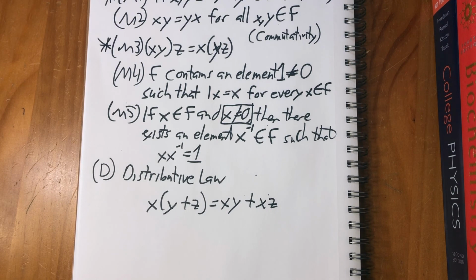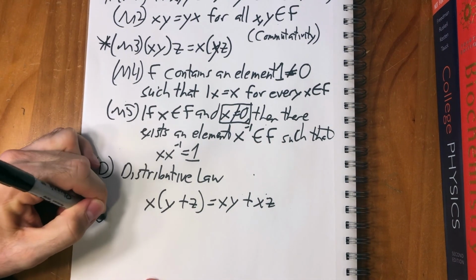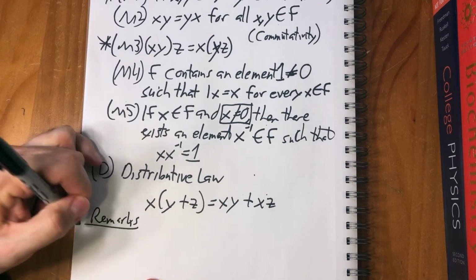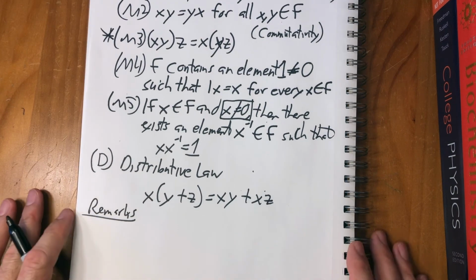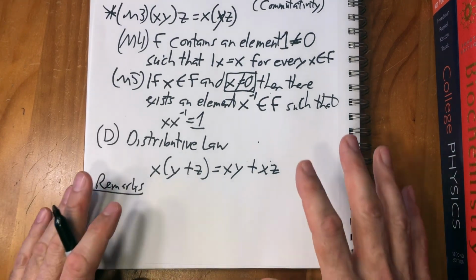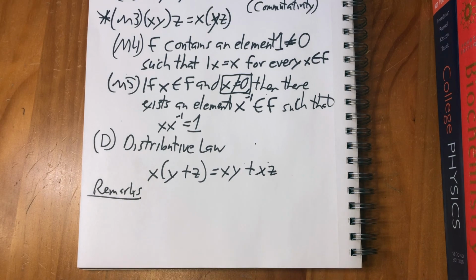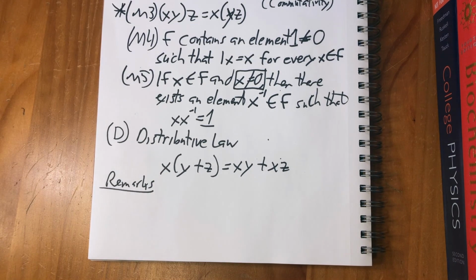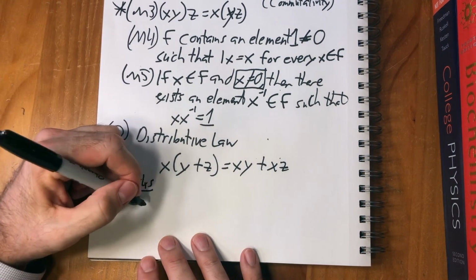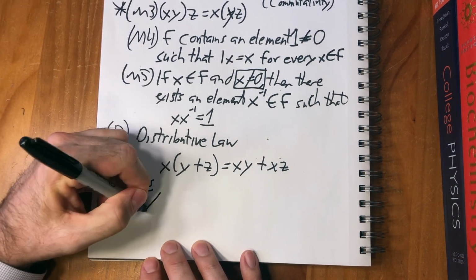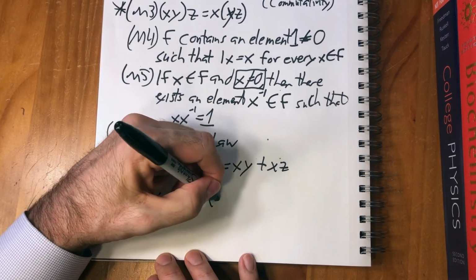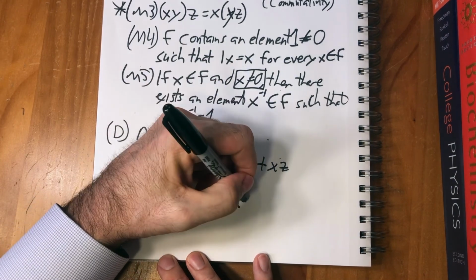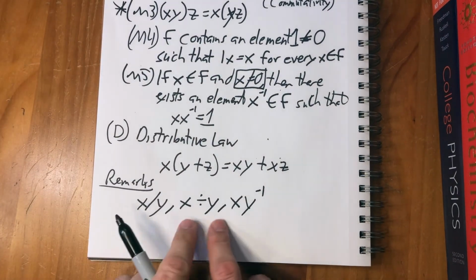So a couple of remarks. We use the usual notations for these, and I think it's interesting that you have to say this because it emphasizes to me that all of this is abstract. It doesn't have to be, but the fact that, for instance, division, we can say x divided by y, or we can say x divided by y this way, or we can say x times the inverse of y, that these all mean the same thing.